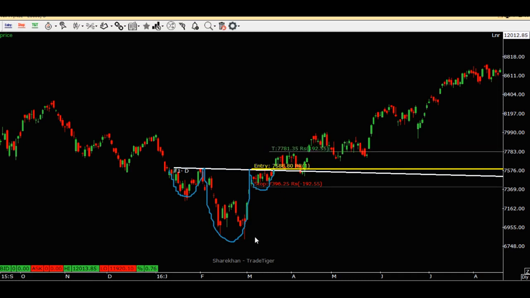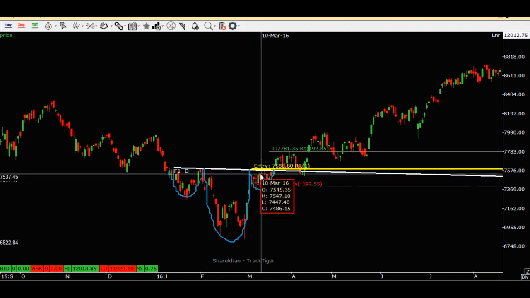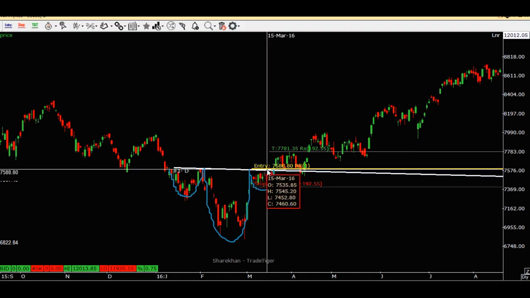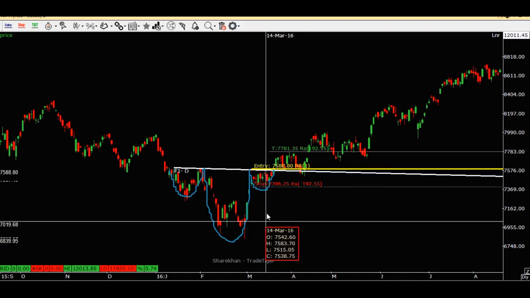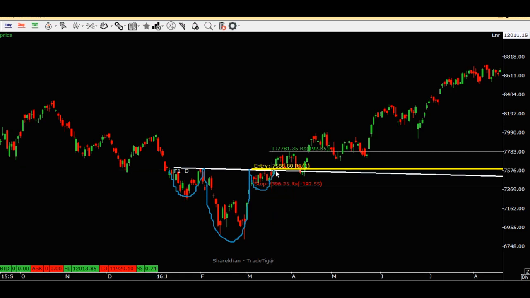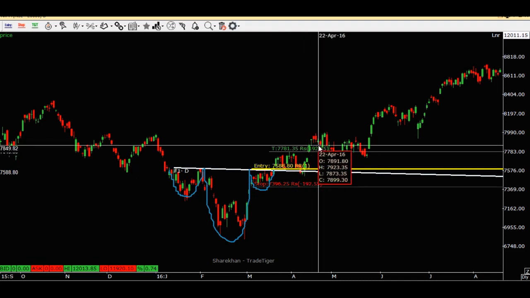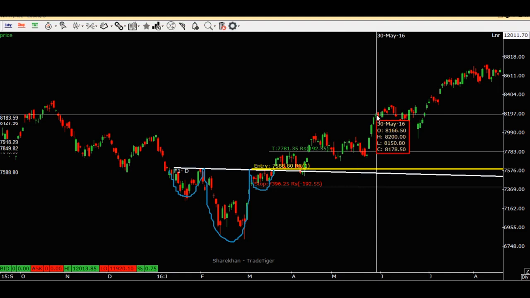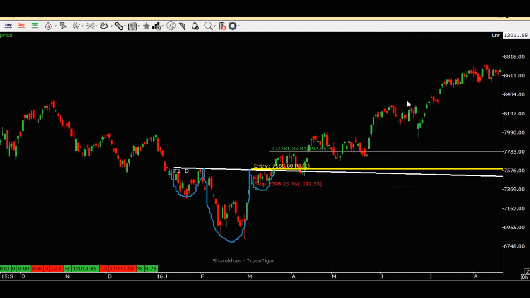Okay, and final target is, let's see, 6800 all the way to 7600, right? 6800 to 7600, so about 800 points. Okay, so all you have to do is add 800 points from 7600, so around 8400, right? So anyways, our target would have been achieved somewhere up here.